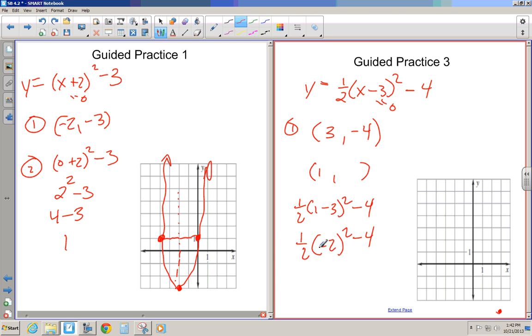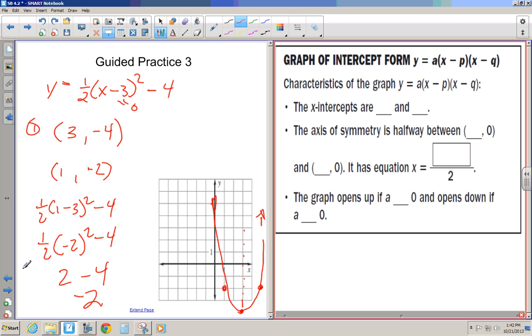Half of 4 is 2, minus 4 is -2. So it's (1, -2). Well, here's the axis of symmetry. You get another point right here. And unfortunately, my coordinate plane is not a good choice, but my graph is decent enough. So that's vertex form.